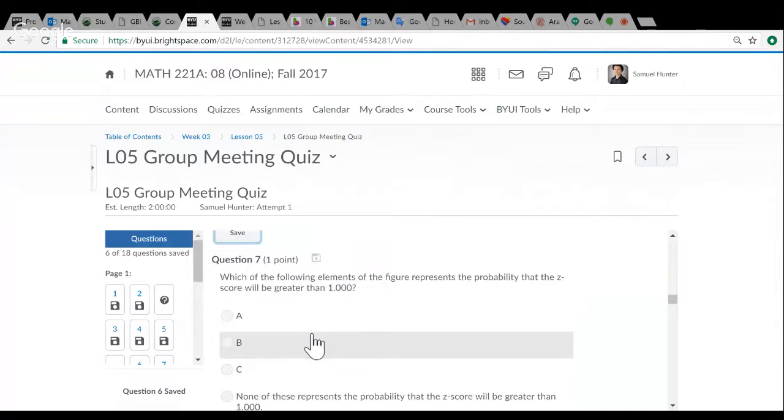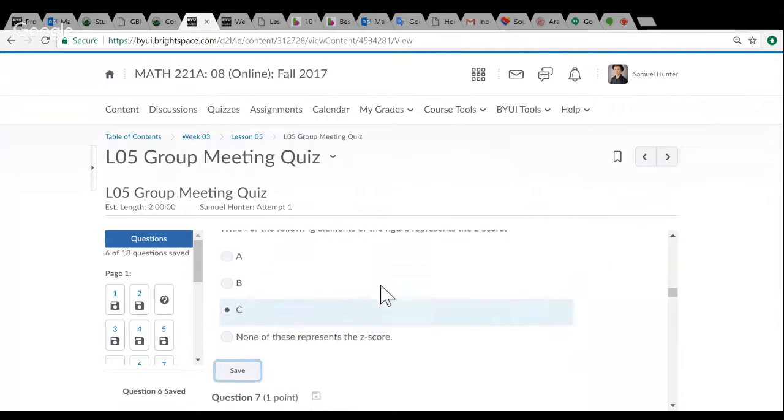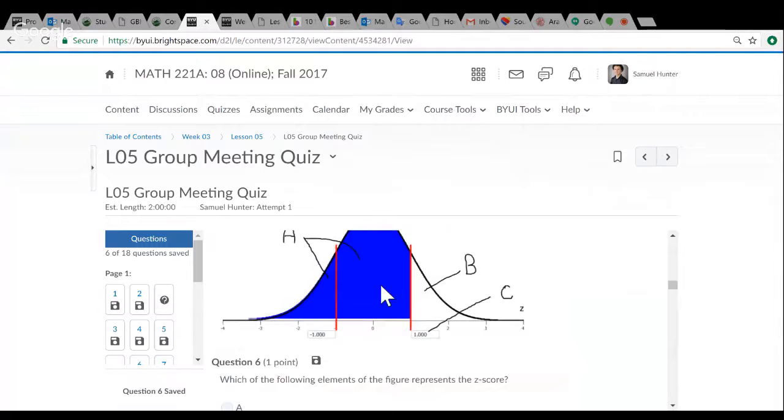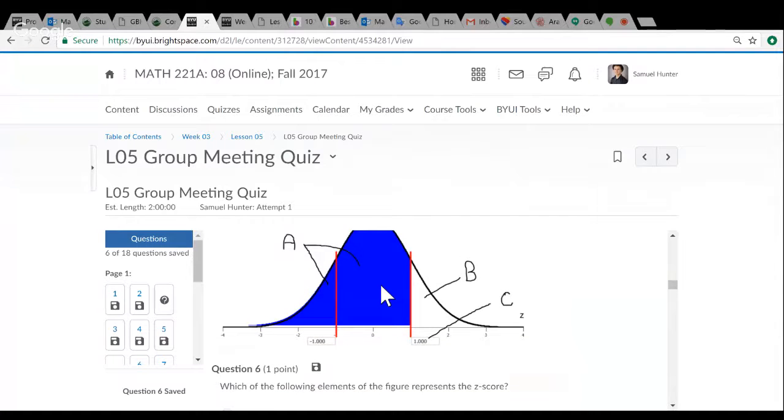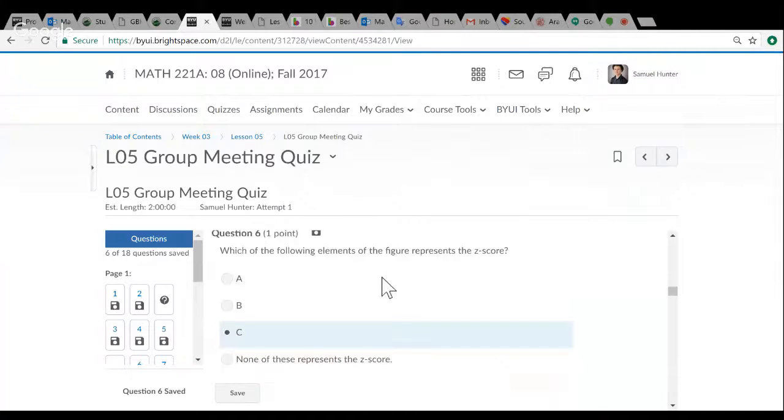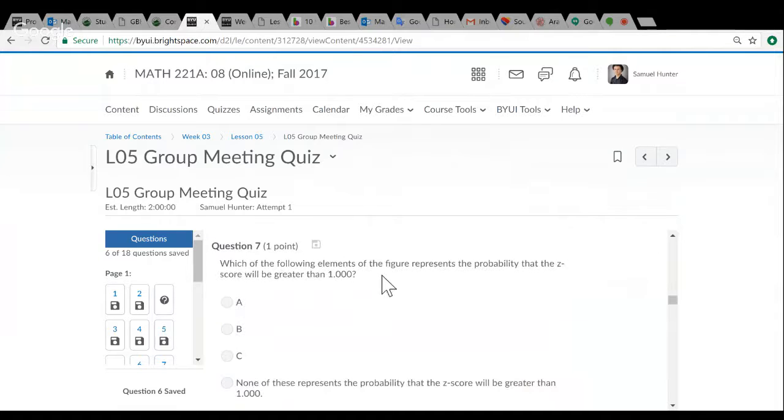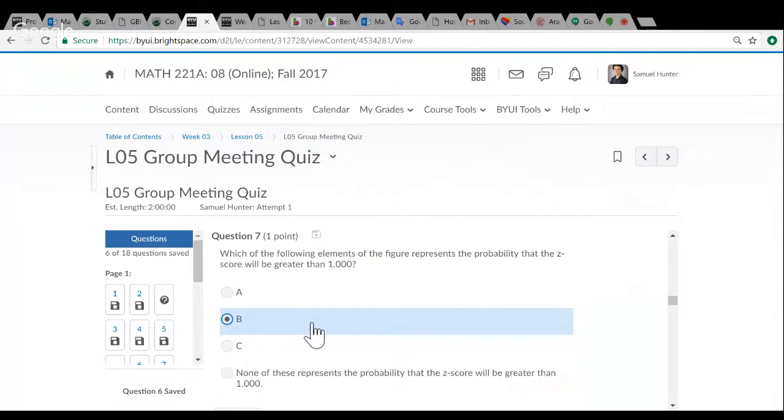Which of the following elements represents the probability that the z-score will be greater than 1? Once it passes B, so it will be B on this. B, okay.